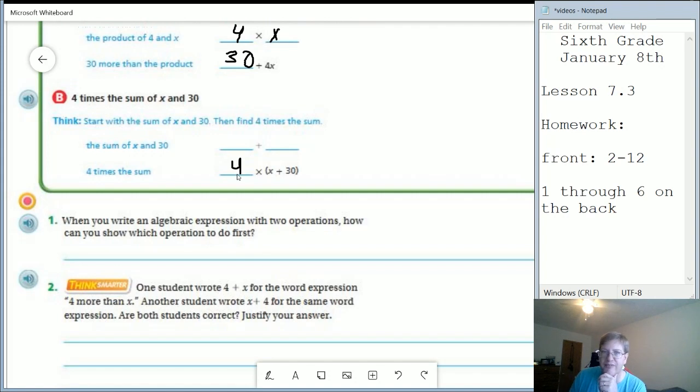Then we could write 4x times 30 and do it that way and say, I want you to do this 4x part first. And then from there, we can go ahead and multiply by 30. So the order that we write the problem in or using parentheses can both help us make sure that we get the exact answer we're looking for as we write the expression.